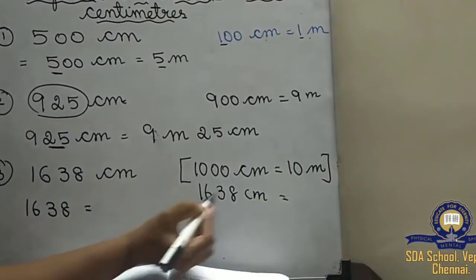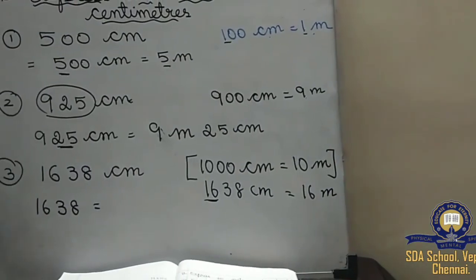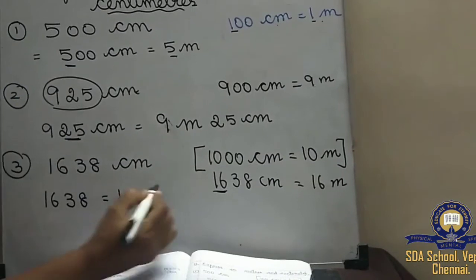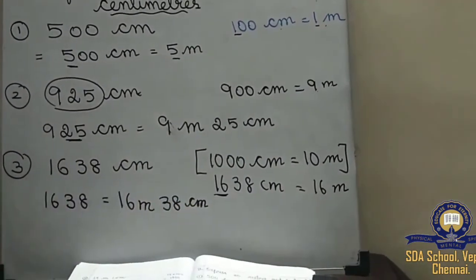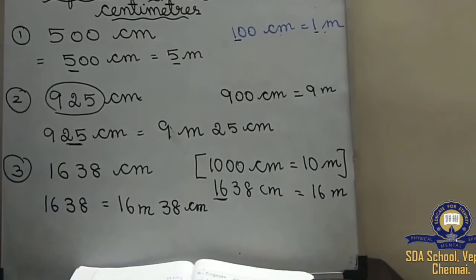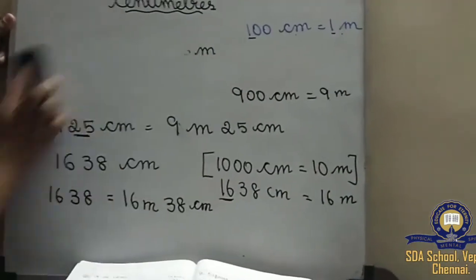You have to write the first part here like 16 meter. Okay, children? 16 meter, and the rest you have to write 38 centimeter. Understood, children? 16 meter, 38 centimeter. Okay, now we'll see the fourth sum.